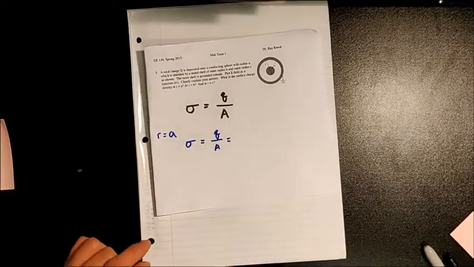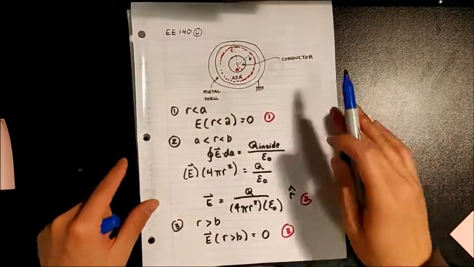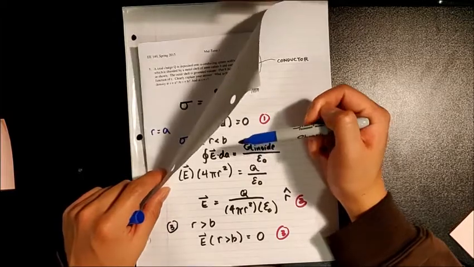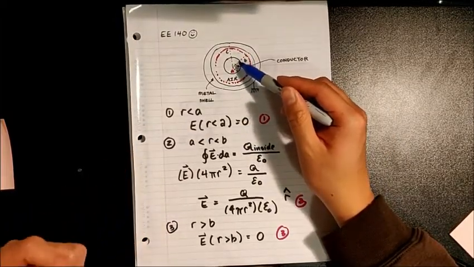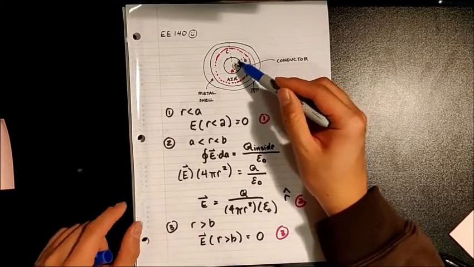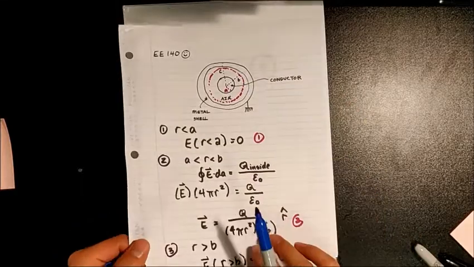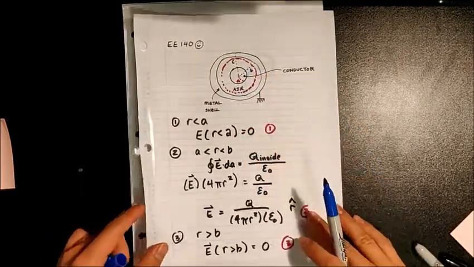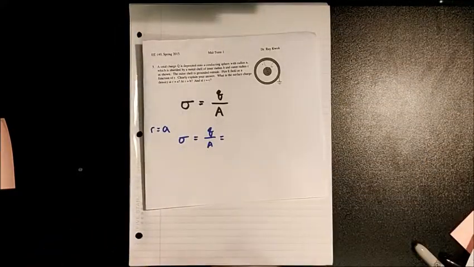And the question comes, what is the charge? Well, as I said earlier, looking at the sphere, we know that a Q is deposited onto this conducting sphere. And because it is a conductor, we can say that all the charge will simply go on the surface of this sphere. So at R equal to A on the surface, the charge will simply be Q, which is what was deposited in the beginning of the problem.